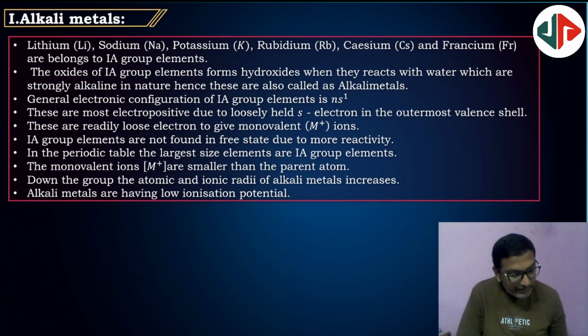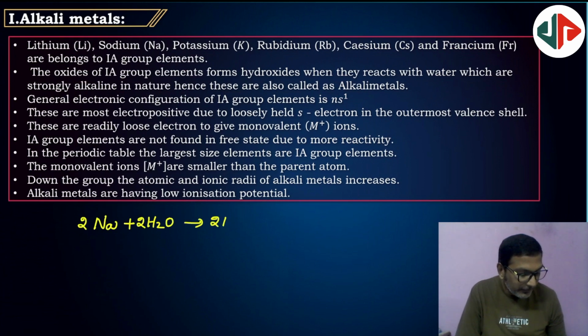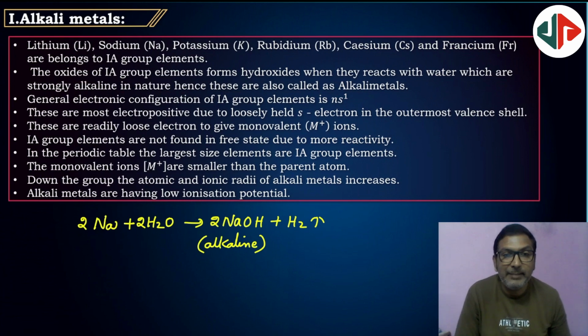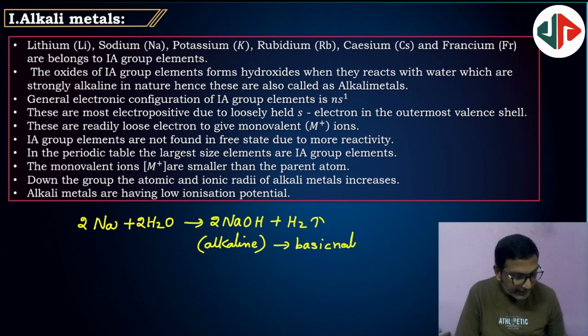For example, Na plus H2O: 2Na plus 2H2O gives 2NaOH plus H2. This is alkaline in nature. Therefore first A group elements are known as alkali metals. Alkaline means basic nature.